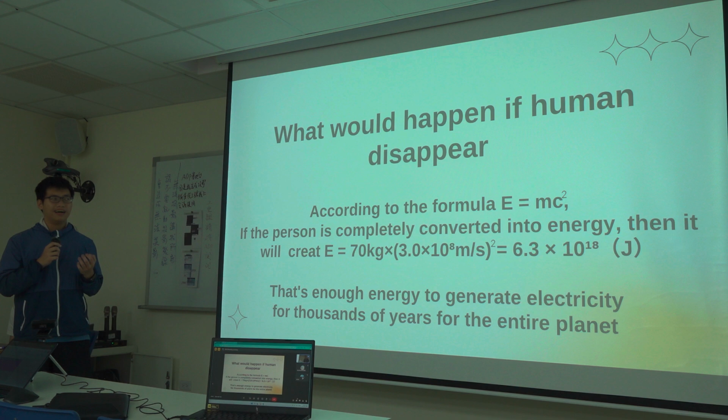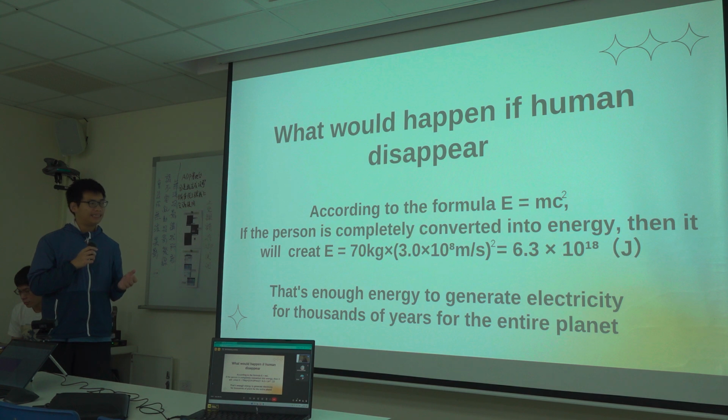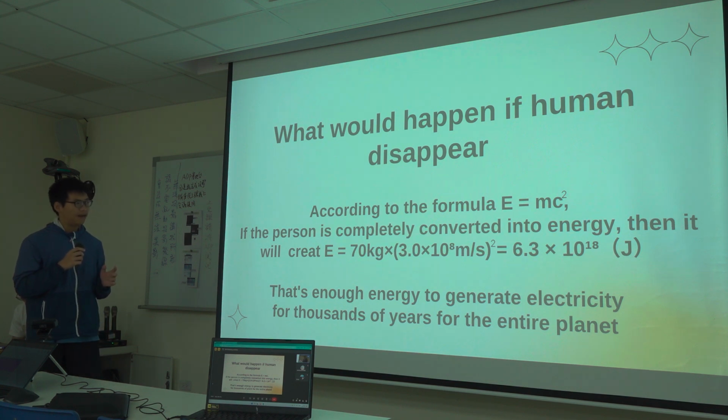So what if a human body disappear in the air? According to the formula of mass and energy equivalent, like E equal to mc square, assume the human body is 70 kilogram and light speed is this.